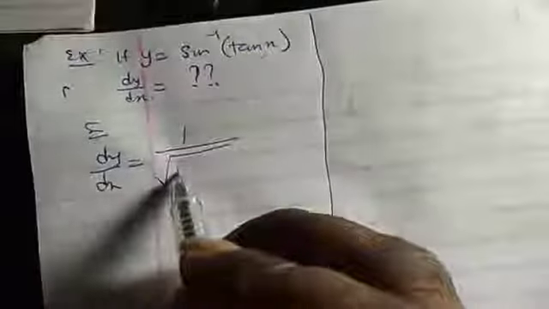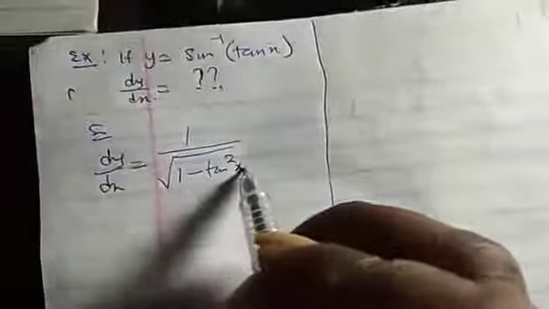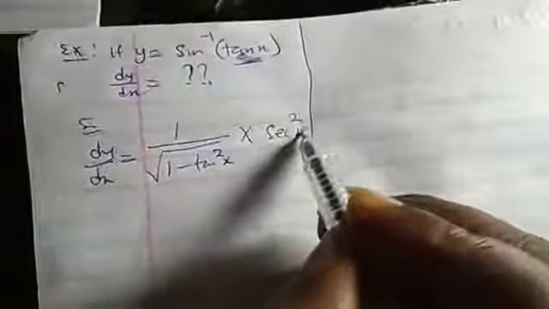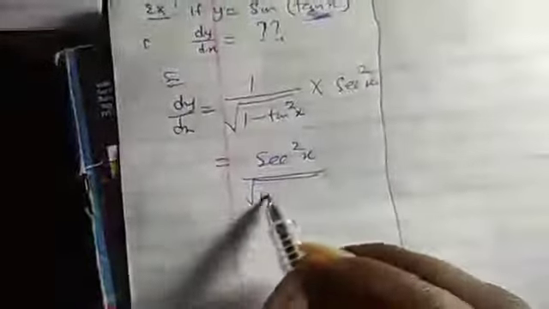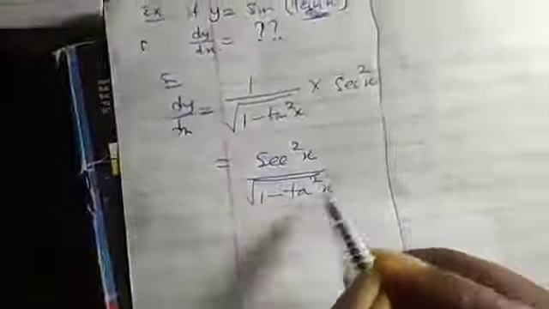So in that case, if I differentiate arc sin tan x, I'm going to have 1 over square root of 1 minus tan squared x. Then I will say that times, I will now differentiate tan x. If I differentiate tan x, I will have sec square x. So that my final answer will become sec square x over square root of 1 minus tan squared x. So that is the solution to that.